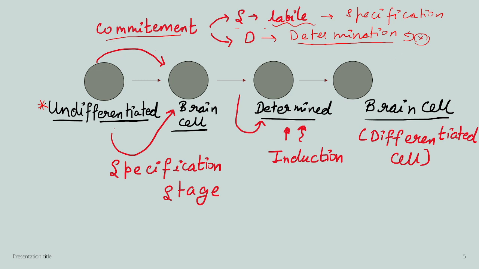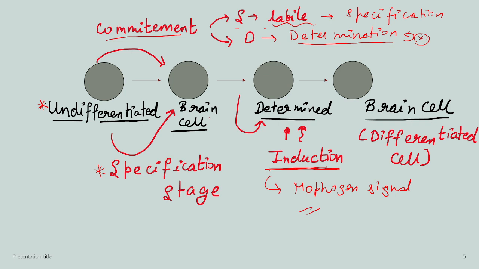So this is the undifferentiated cell. Now the cell has been specified into a brain cell. So this is the specification stage, which is labile, not permanent. Then the brain cell is now determined due to induction, and this inductive signal could be of any kind, like a morphogen signal or any other kind of signal. So now the cell is going to be determined.